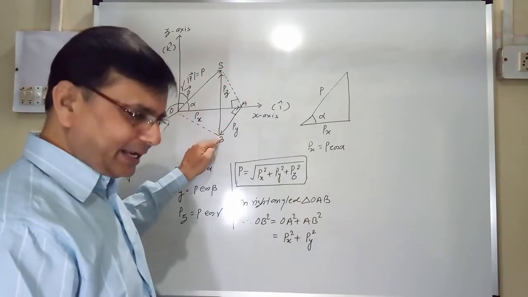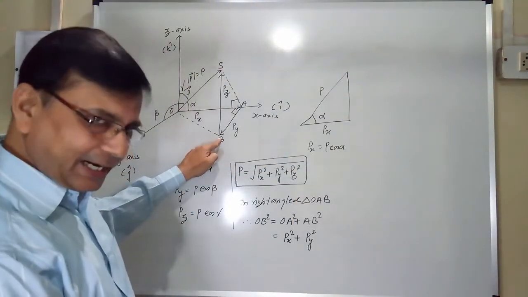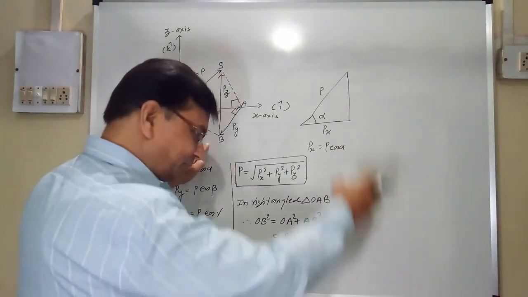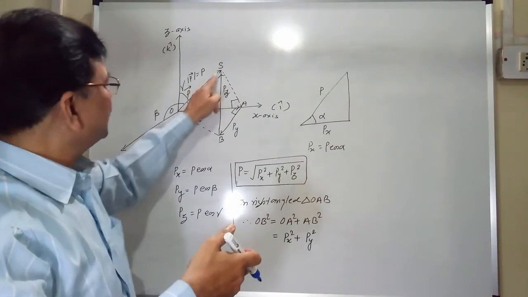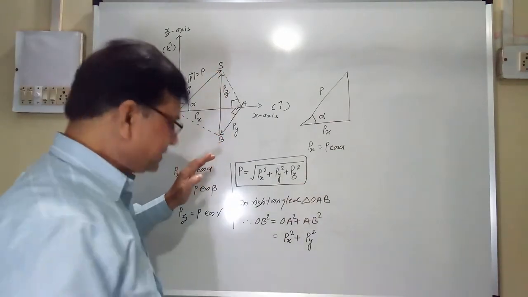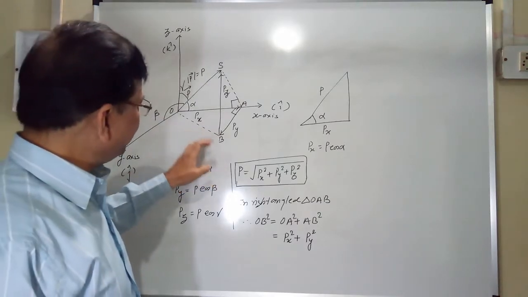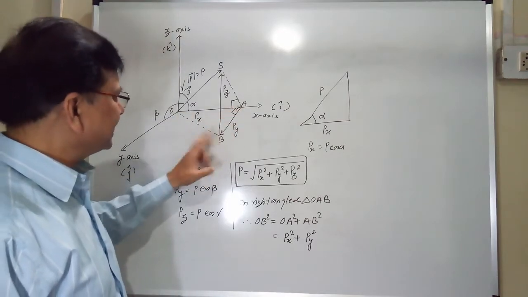Projection of this will be there. If this is also 90 degrees, the projection of that line will be 90 degrees itself with the x-axis, and this is the projection of the position vector. So this OD projection will be OB square is equal to OA square plus AB square.